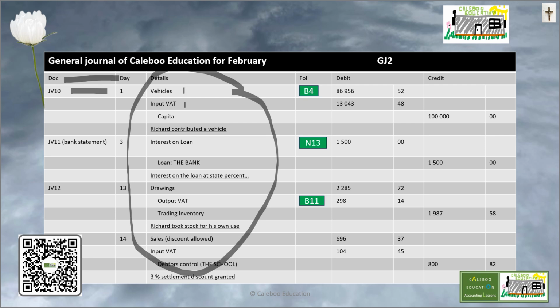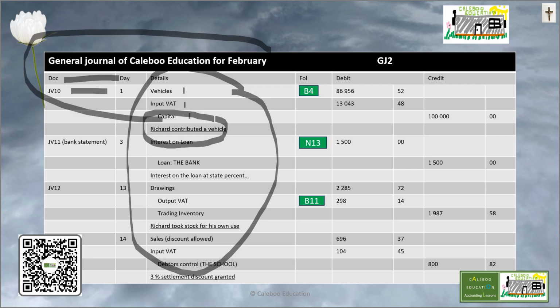There we have the accounts that are debited and credited. There's a little story about the transaction. It's called a journal narration, but there's a video on the general journal. You can go and check it out, but now you at least know what a general journal is.